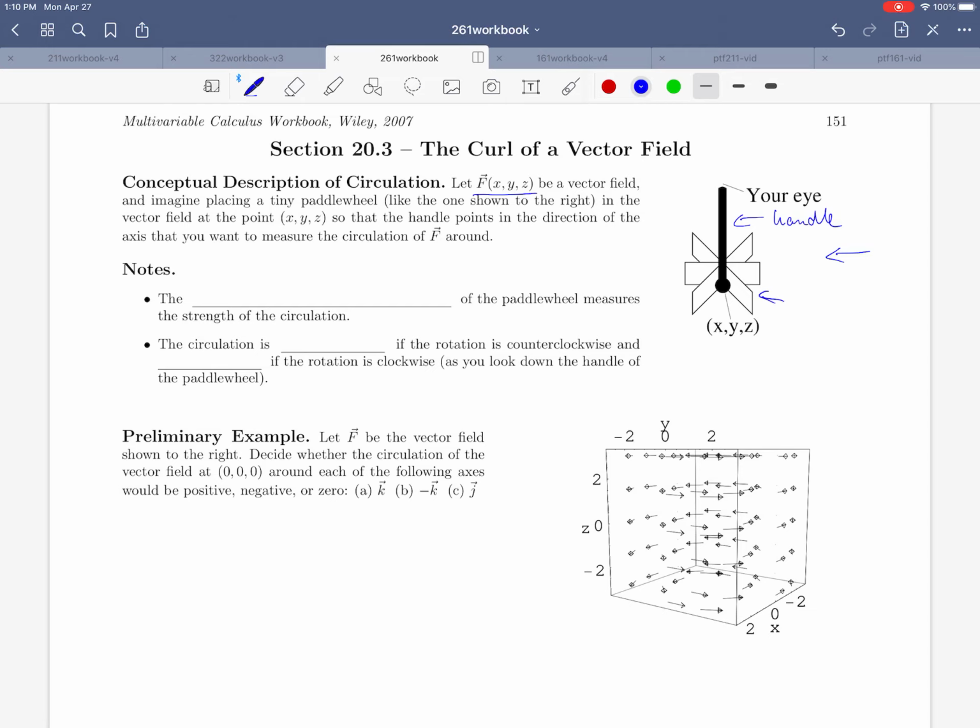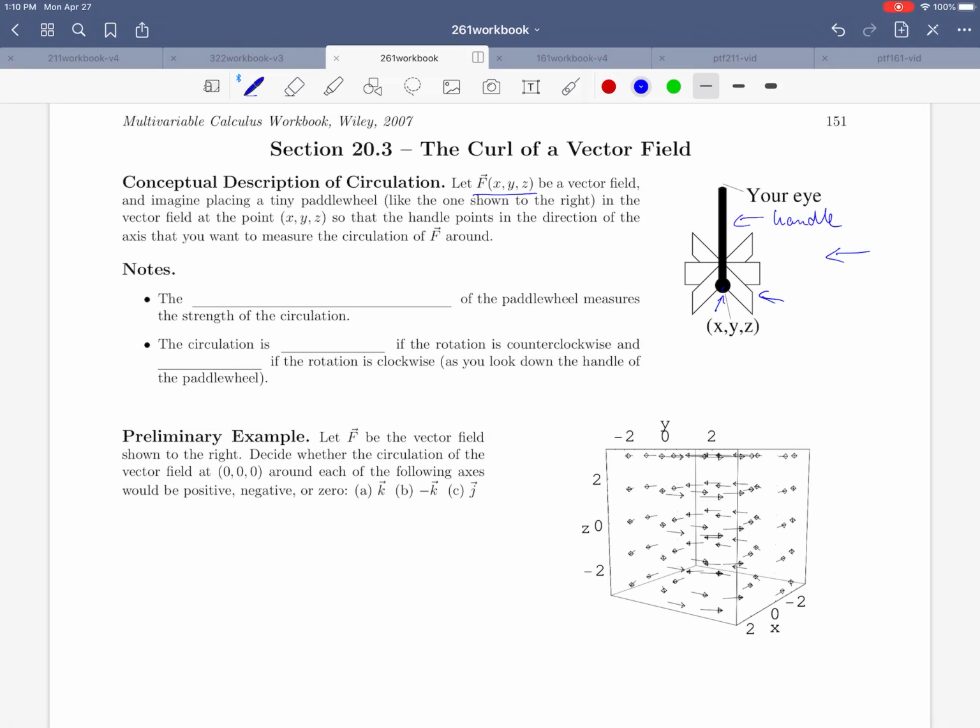We are placing this little tiny pedal wheel inside of a vector field so that the bottom part is located at one point in our vector field, at the point XYZ, and the handle points in some direction. And so it points in the direction of the axis that we want to measure the circulation of F around.